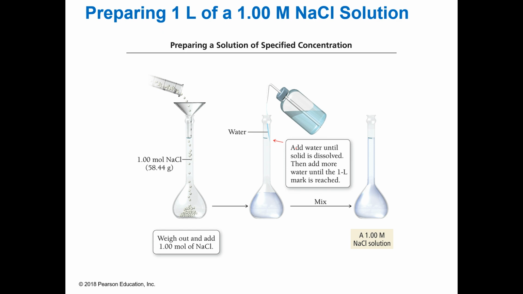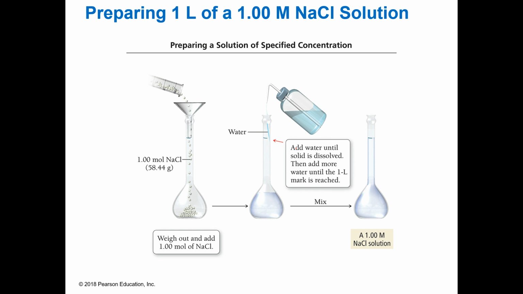Now, sticking with molarity, we're going to use molarity to make a solution. What I mean by that is if we have a starting solution that is 18 molar, let's say, and we want to make a solution that is 2 molar, and we want to make 500 milliliters of it, there's going to be a methodology for us to use.